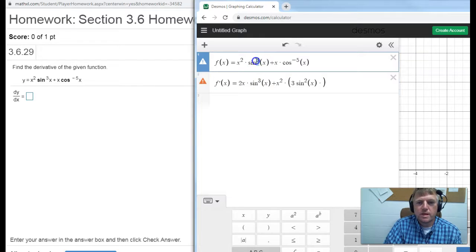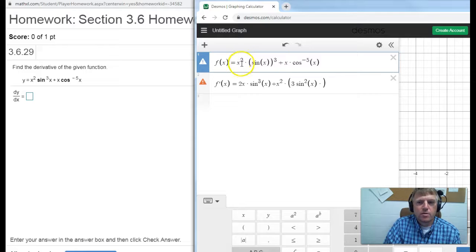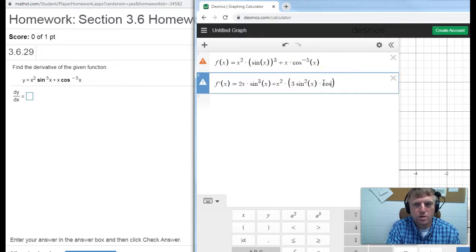So remember, think of this as sine x all to the third power. So we're bringing the 3 out in front, changing the 3 to a 2. And now the derivative of what's inside, the sine function's on the inside. So we chain on the derivative of that, which is cosine. All right, and all that becomes the derivative of this part.